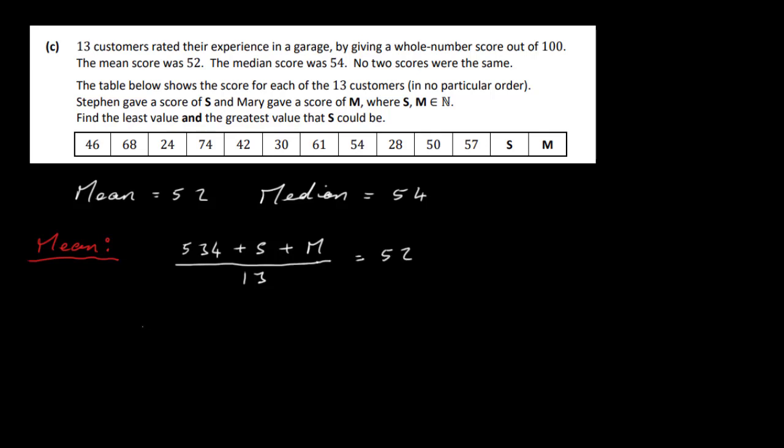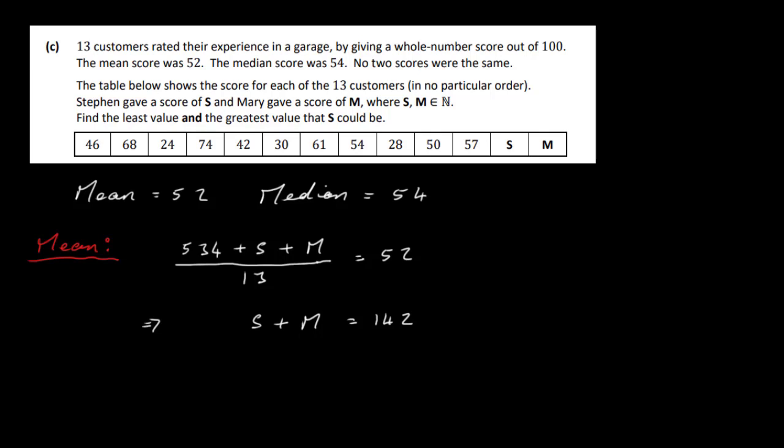So if we just multiply across by 13 and subtract 534, we get S plus M should give us 142. So when we add these two here, we should get 142.